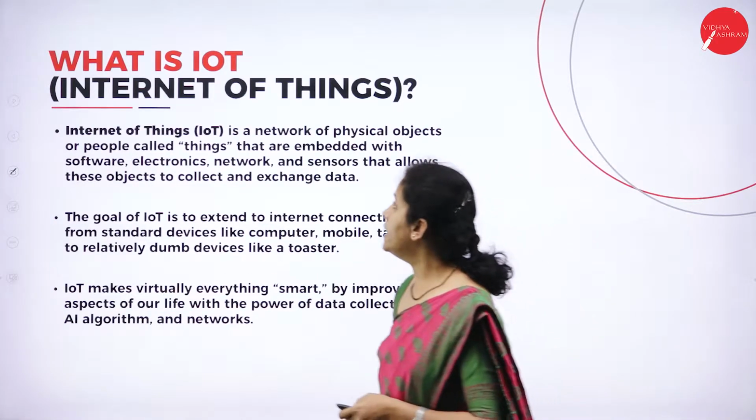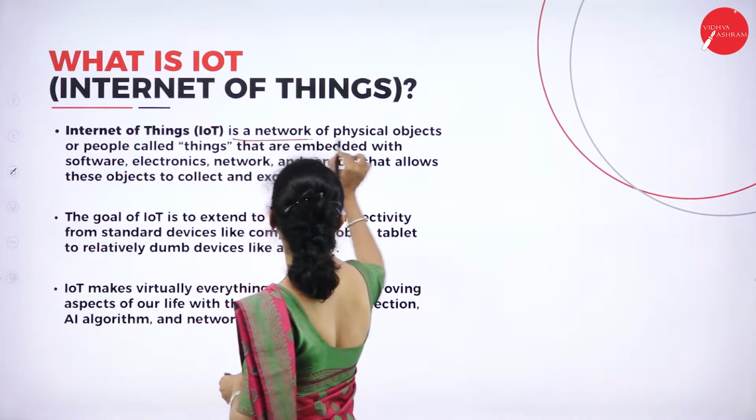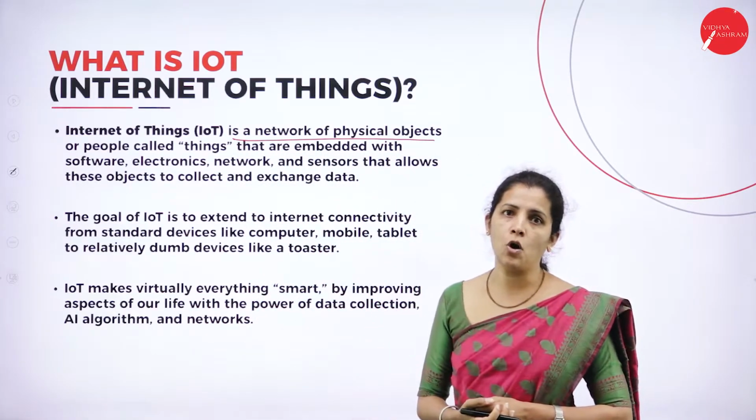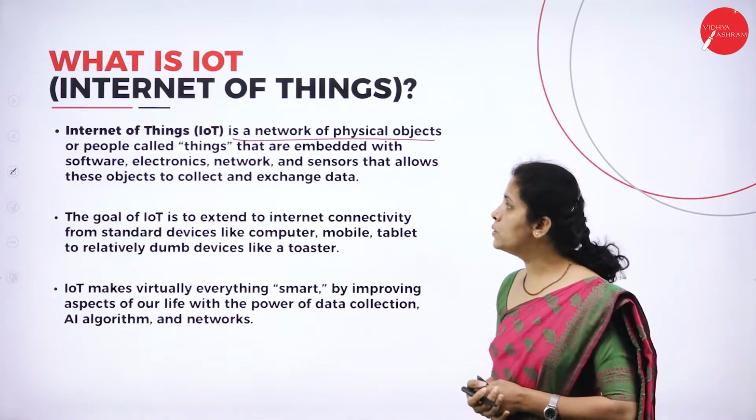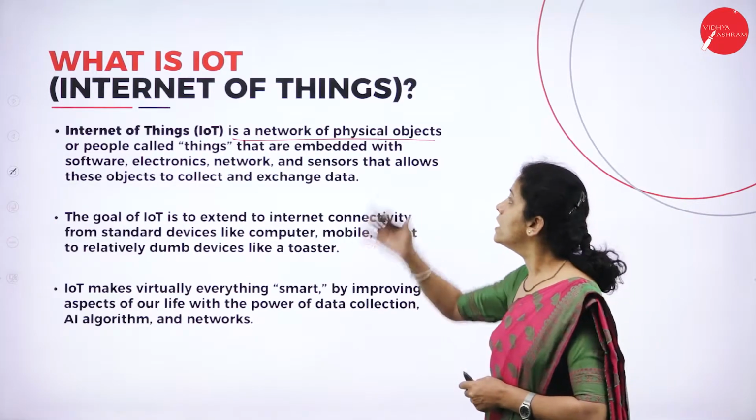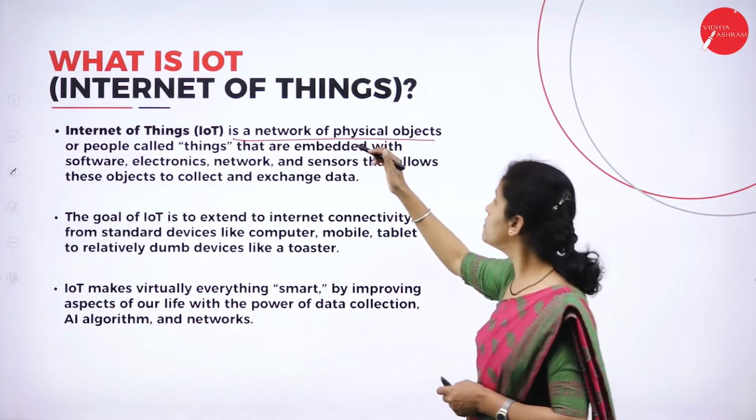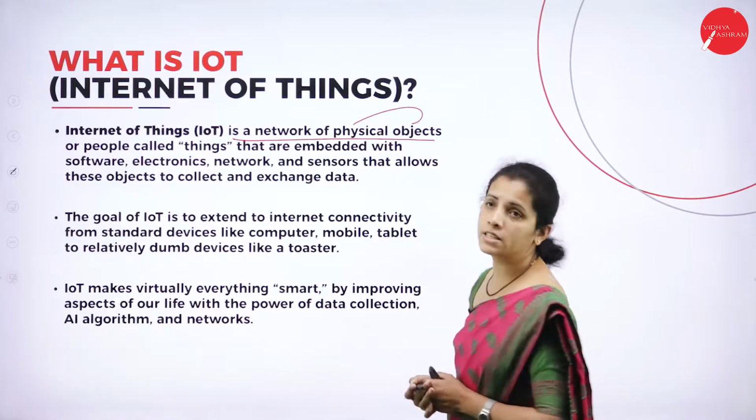So here, the Internet of Things is a network of physical objects. So what is IoT here? That is nothing but the network of physical objects. What are these physical objects?